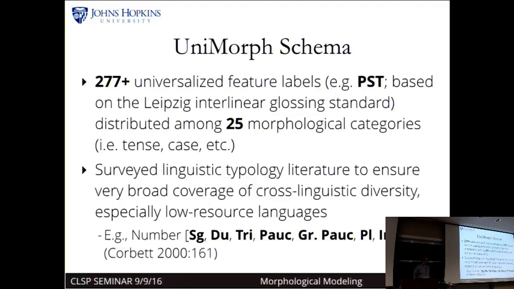So I think you would need to do something like that if you wanted to, for example, in an MT setting, translate something like dual or trial to a language that only had plural. You would need to figure out what that many-to-one mapping would be like.